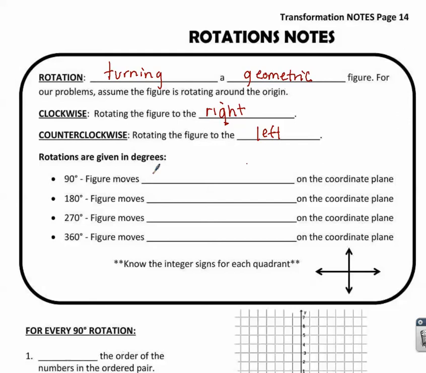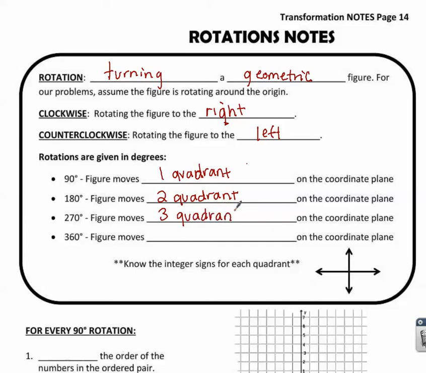Rotations are given in degrees: 90 degrees, 180, 270, and 360. If you rotate 90 degrees, your figure is going to move one quadrant to either the right or the left, depending on if it's clockwise or counterclockwise. 180 degrees, you're going to move 2 quadrants. 270 degrees, you're going to move 3 quadrants.